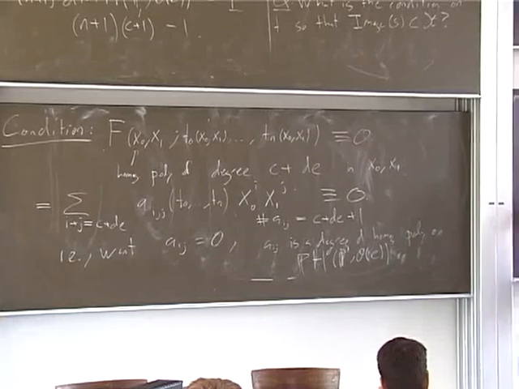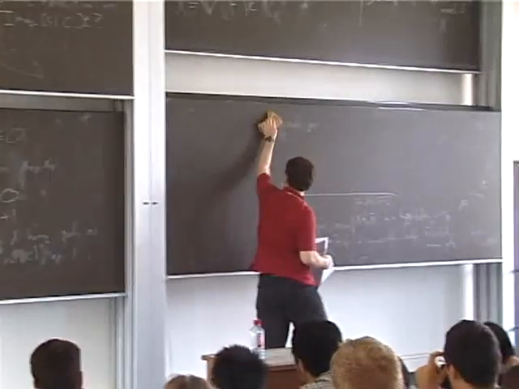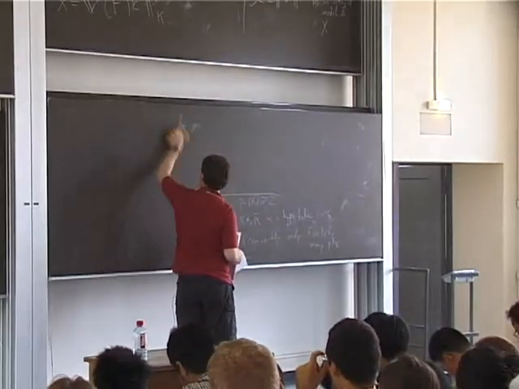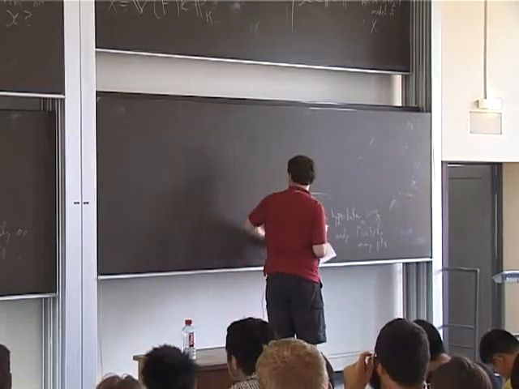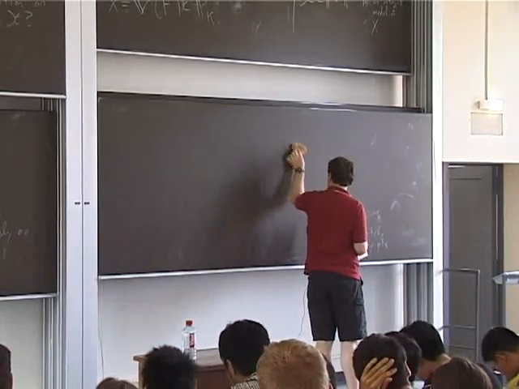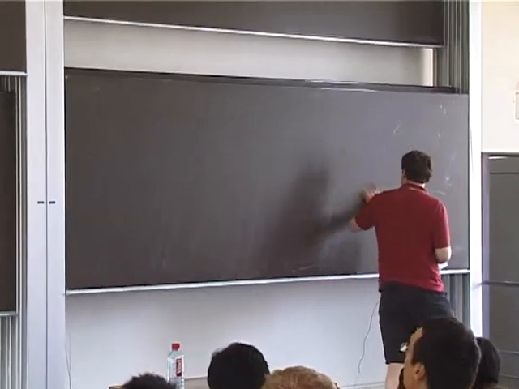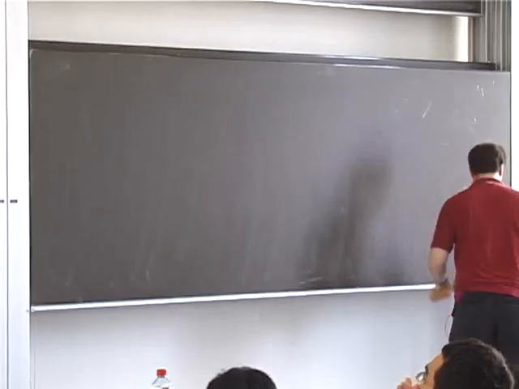I mean, standard result of projective space, if you intersect a bunch of hypersurfaces, as long as the number of hypersurfaces is less than or equal to the number of variables, then the intersection is non-empty.